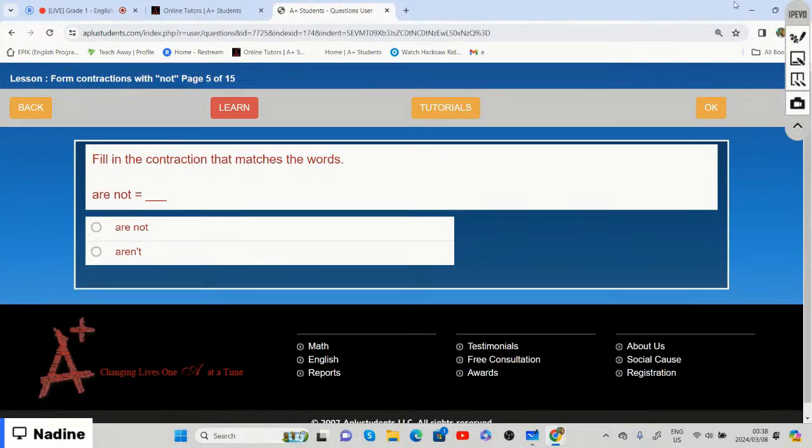All right, let's do one more. It says we need to fill in the contraction that matches the word are not, right? So are not, we must find the contraction of the words are not. And the negative contraction of are not is aren't.